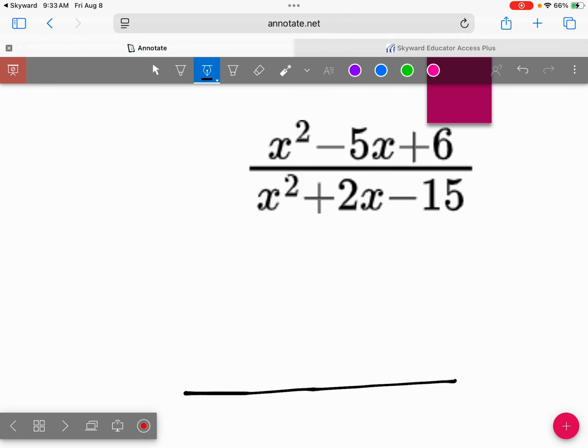So when we look at our numerator up here and we try and factor it, our a times c gives us 6, our b is negative 5. What pair of numbers multiplies to make 6 and adds to make negative 5?